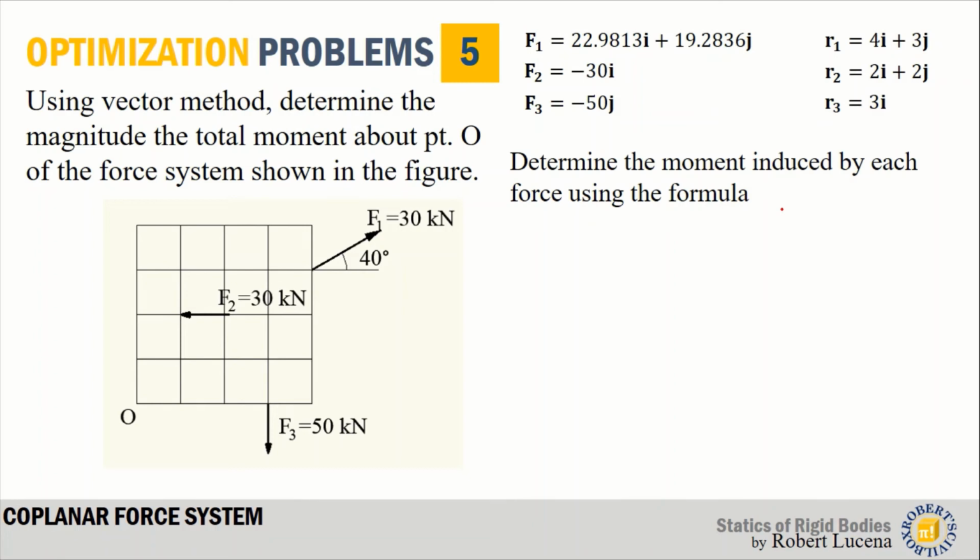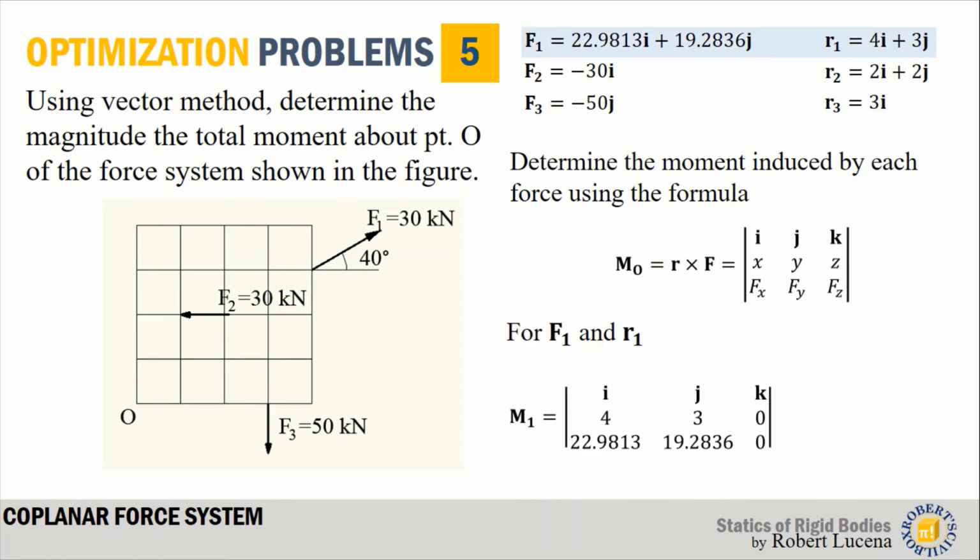We now need to get MO by performing the formula. Recall that MO is simply the cross product. So the cross product of R1 and F1 is the moment given by F1. So let's start with the moment given by F1.